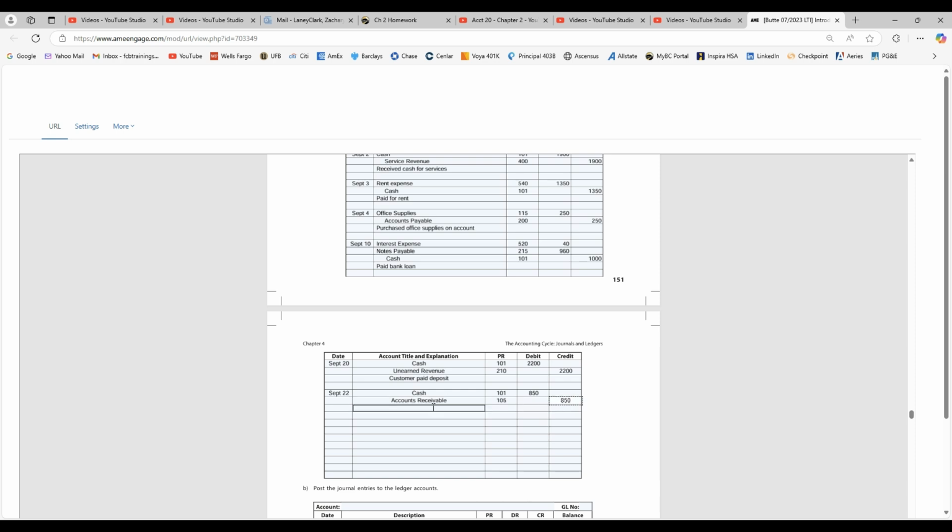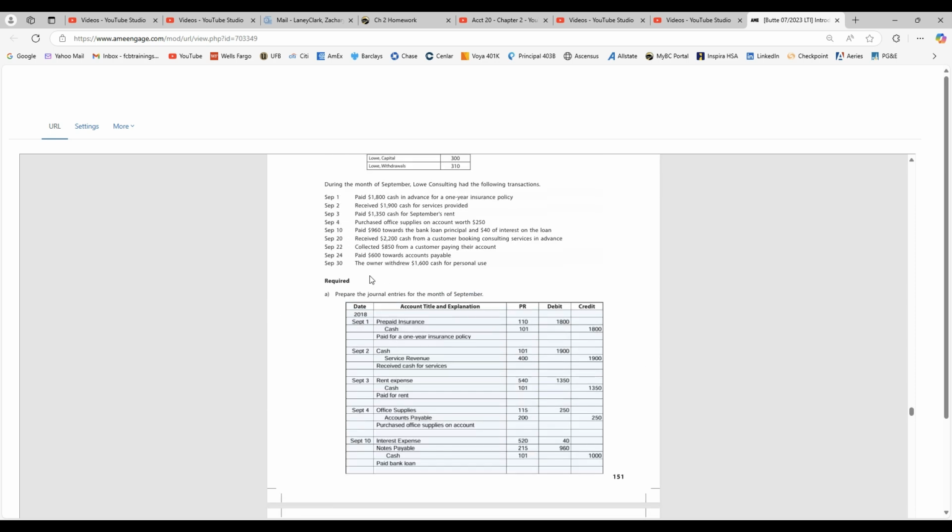So our cash goes up and our accounts receivable goes down, which is what we, as business owners, want to see. We want to see that the cash is actually coming in after we do our billings for services provided. Okay, on September 24th is our next transaction.